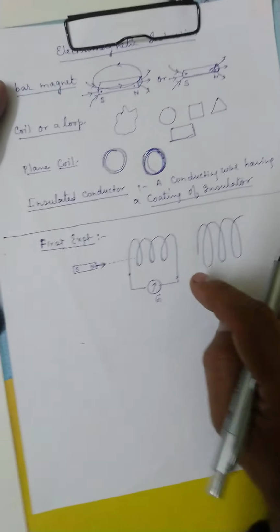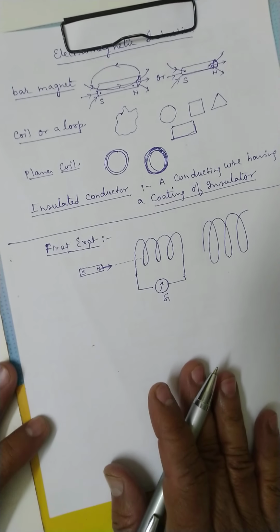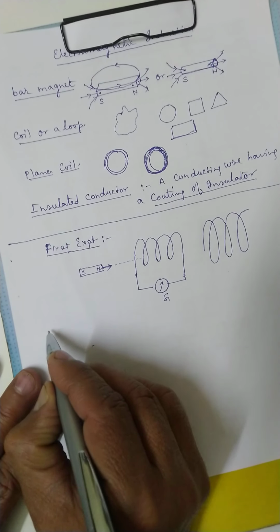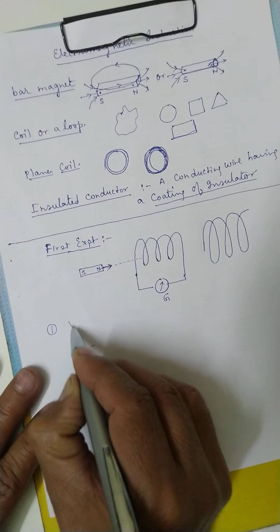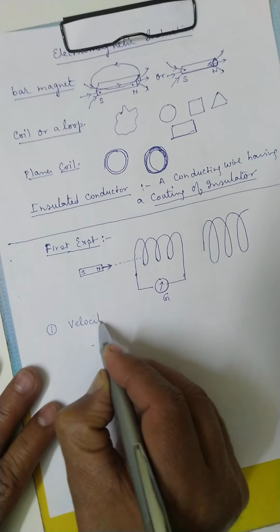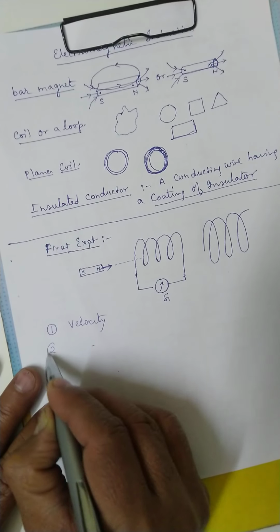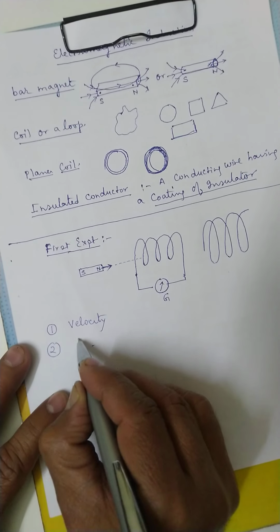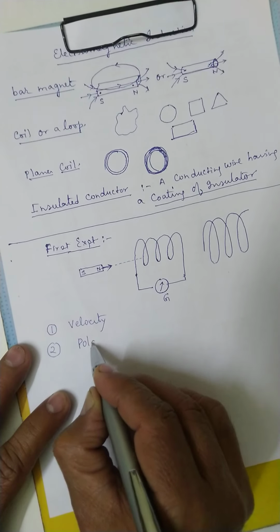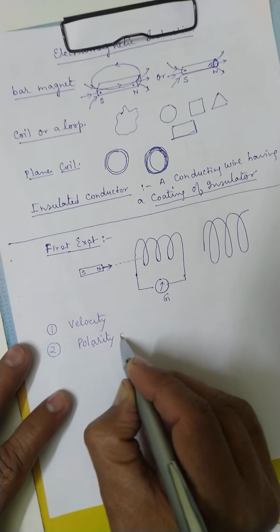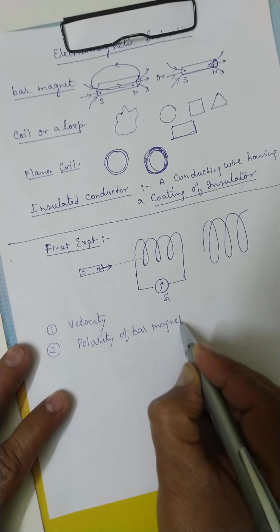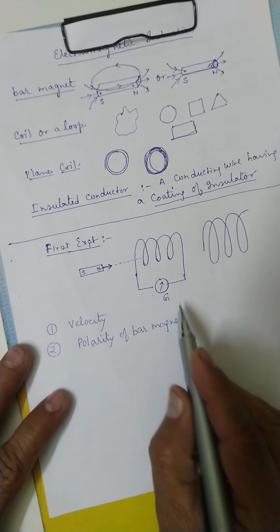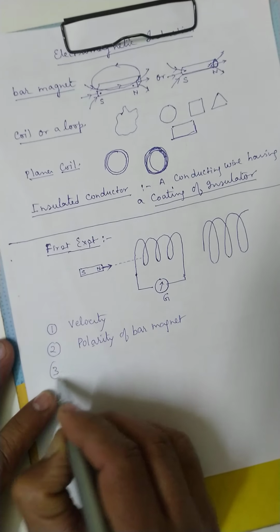So all in all, I can have the following parameters which I can change during the experiment. Number one, velocity of the bar magnet. Number two, polarity of bar magnet. Here polarity means whether the north pole is moving towards the coil or the south pole going away.